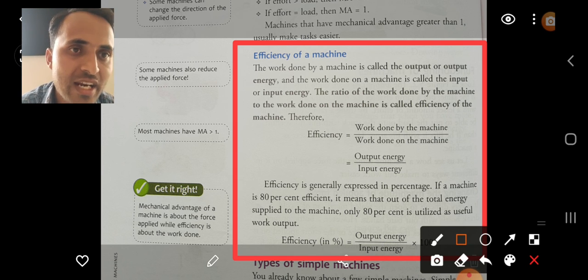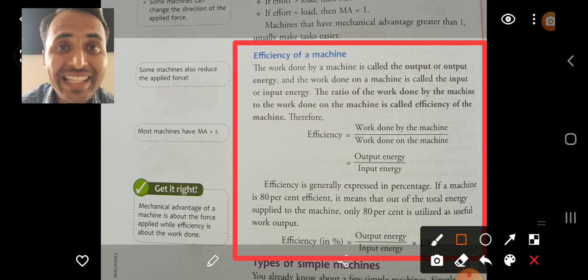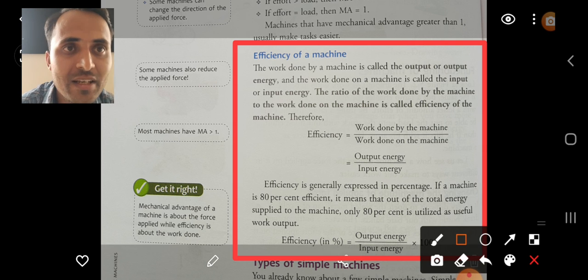Okay, and generally the value is 80%. The mechanical efficiency is about 80%. So 80% efficiency is useful to do any type of work. Okay, so the mechanical advantage of a machine is about the force applied.